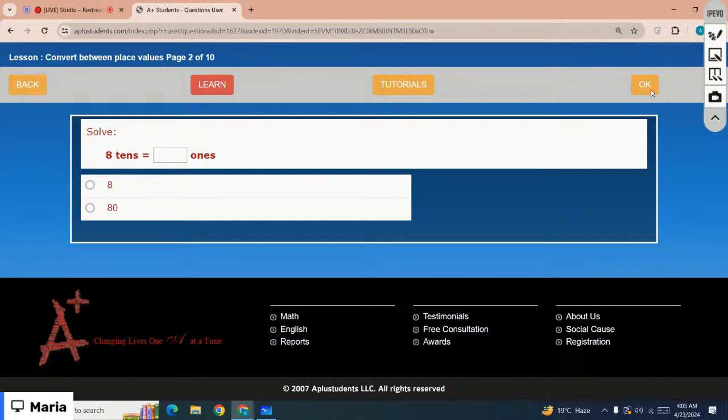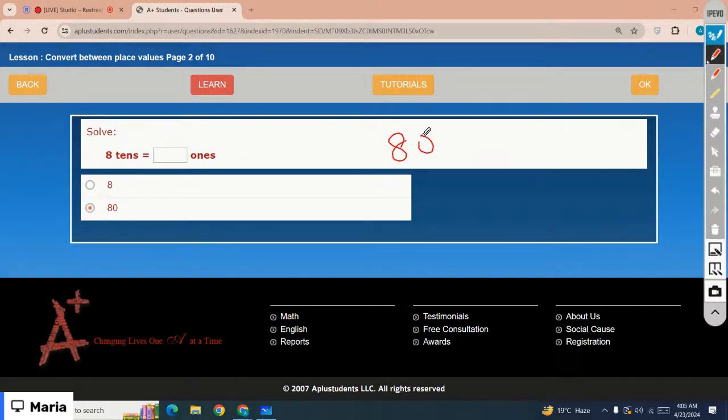The correct option is 80 ones. 8 tens means 80, right? So you have how many ones? 80 ones. The correct option is 80 ones.